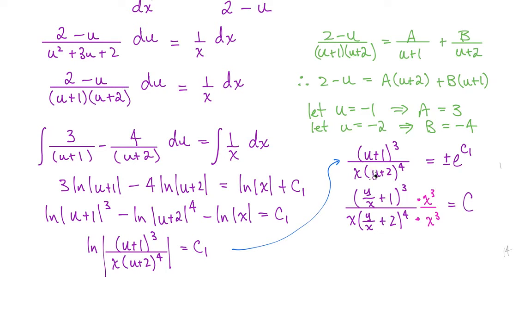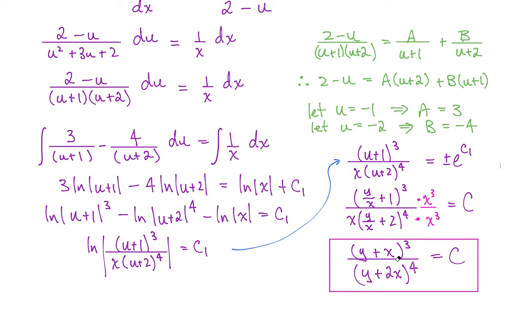You'll notice I've taken my u's and replaced them back with y over x's. When I multiply through by x cubed, that comes inside, this comes inside, this comes inside, and I get just (y plus x) cubed over (y plus 2x) to the 4 equals C.